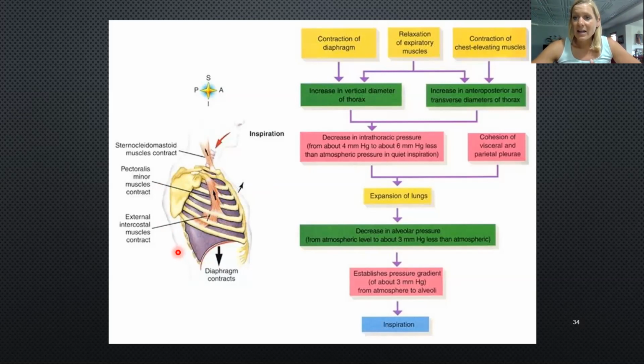As I take a big breath in, I increase the volume of the thoracic cage, okay? As I increase the size of the thoracic cage, this causes me to decrease pressure in here, okay? As a result of the decreased pressure in my lungs, air will rush in until I reach equilibrium, okay?